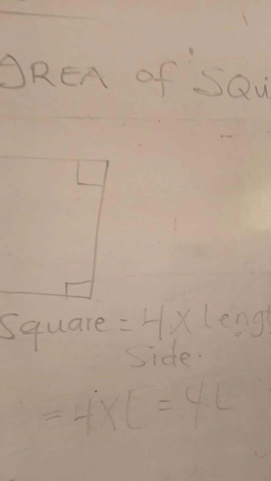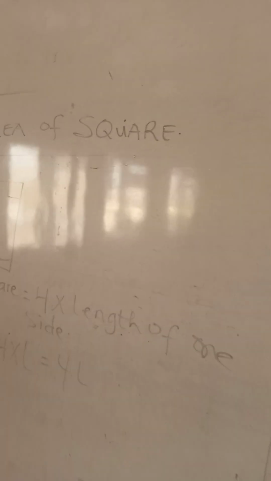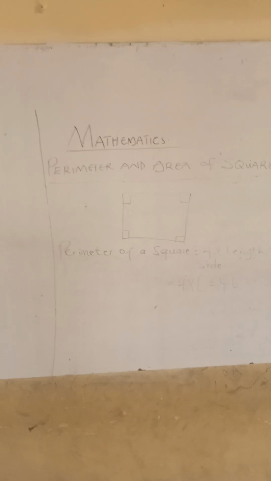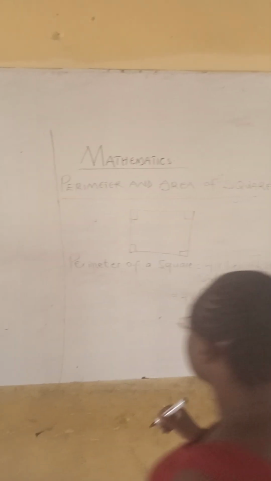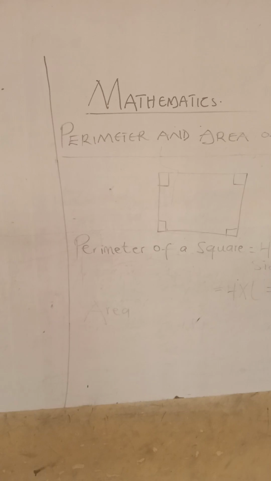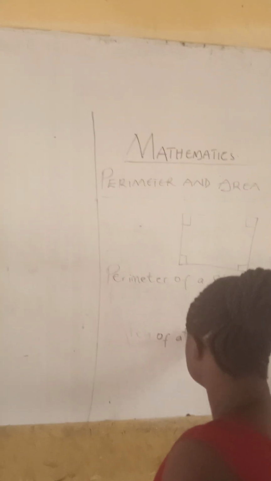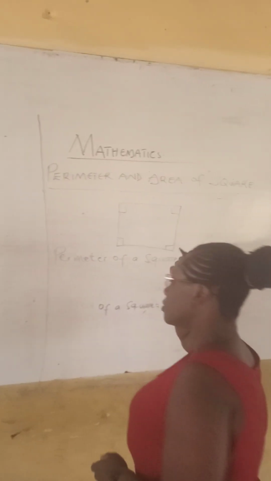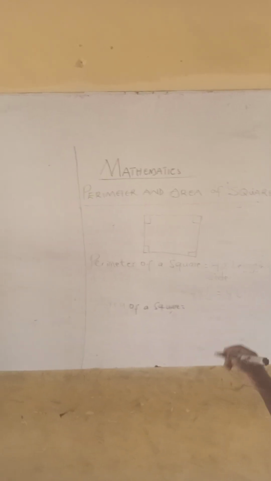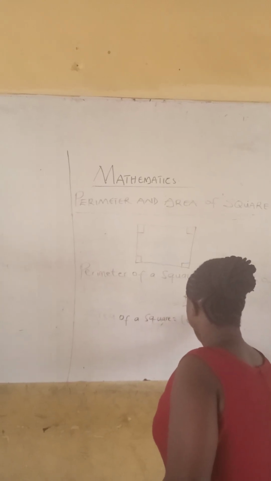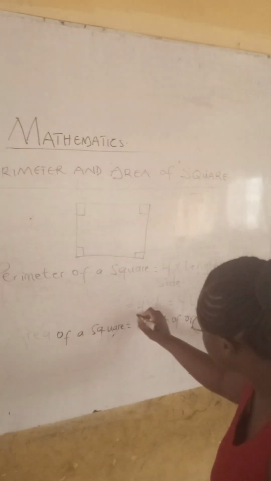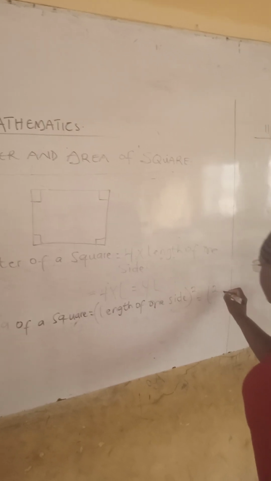Let's check the area of a square. The area of a square will give us the length of one side squared, the length of one side in brackets squared, which is L squared.